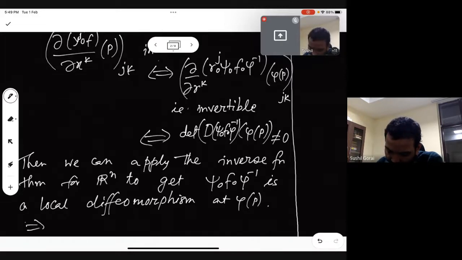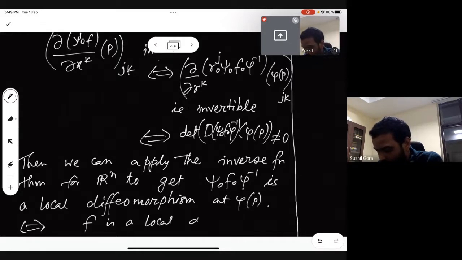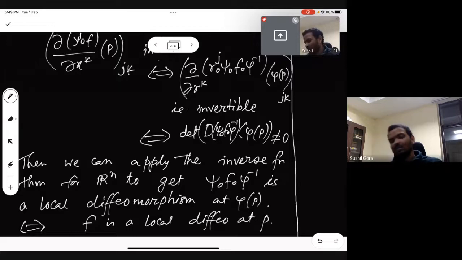This implies, if and only if, f is a local diffeomorphism at p. All right.